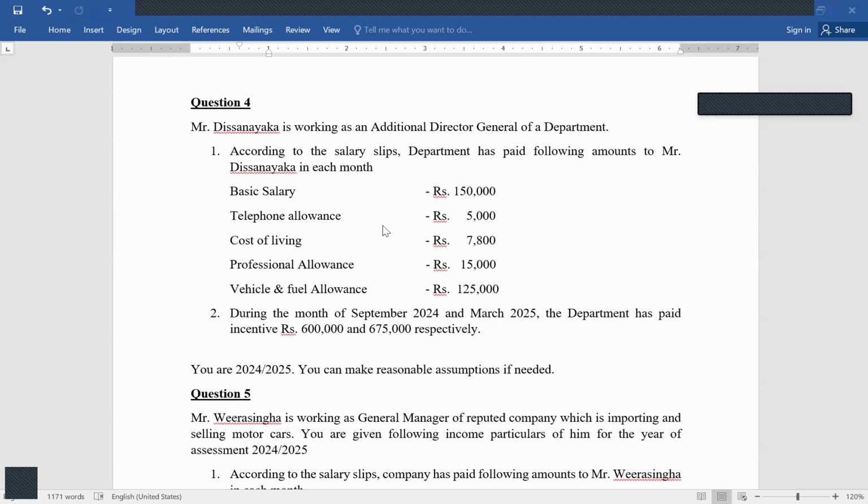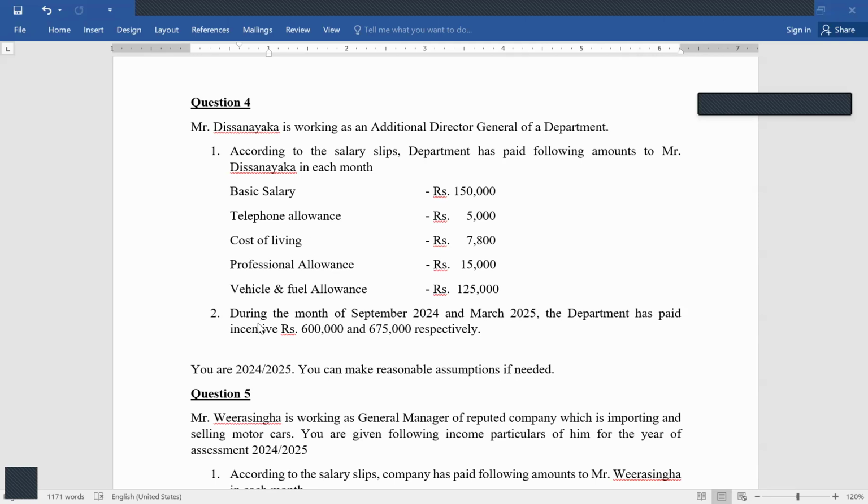For communication, yes, telephone allowance. Under item number 4, where any employee is entitled to receive a payment for communication facilities under any circular by the government, 25% of the cost incurred by the employer should be considered as a benefit.